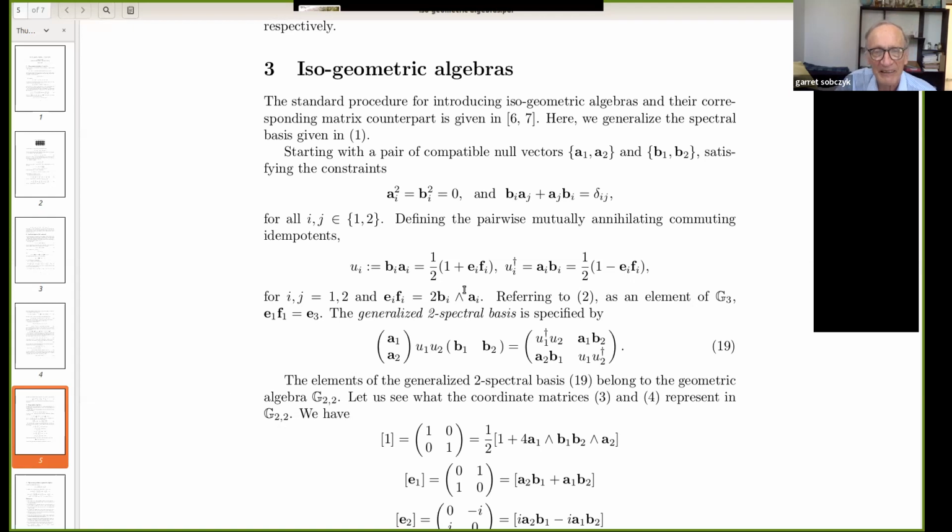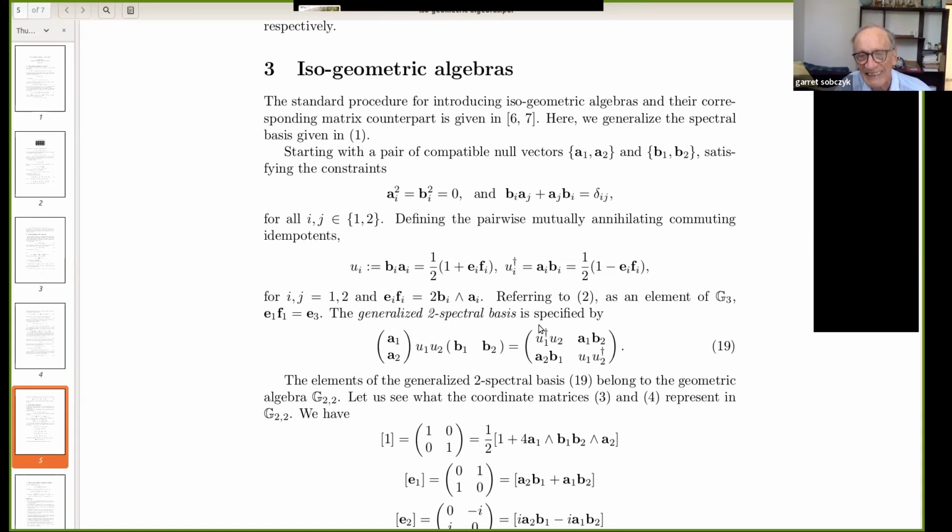Notice how I'm creating this new generalized two spectral basis. I'm writing it as A1 times A2 times U1 times U2. So this defines U1 as B1 times A1, and U2, where you change the order, gives AI times BI, which would be 1/2 (1 minus EI times FI).